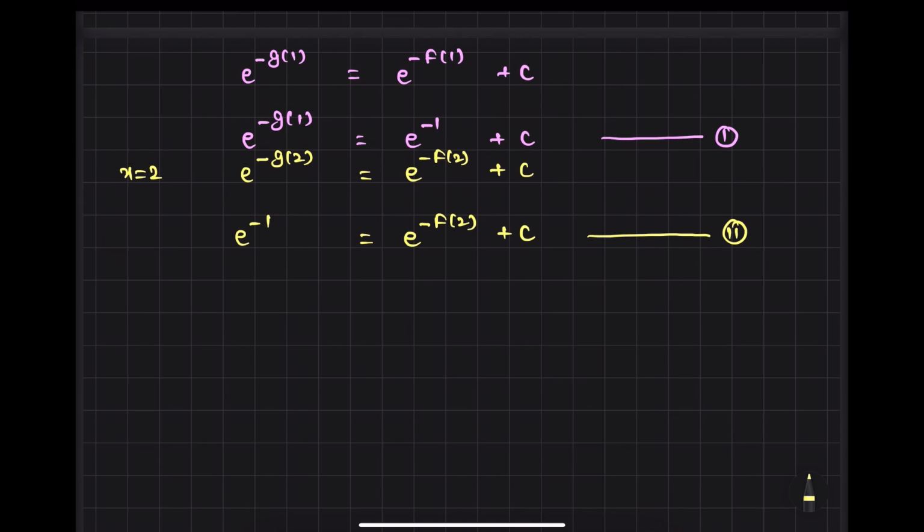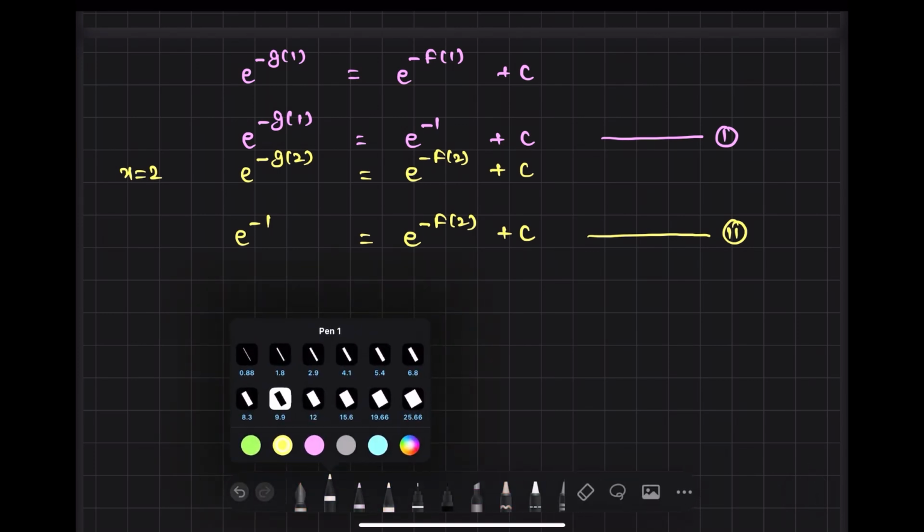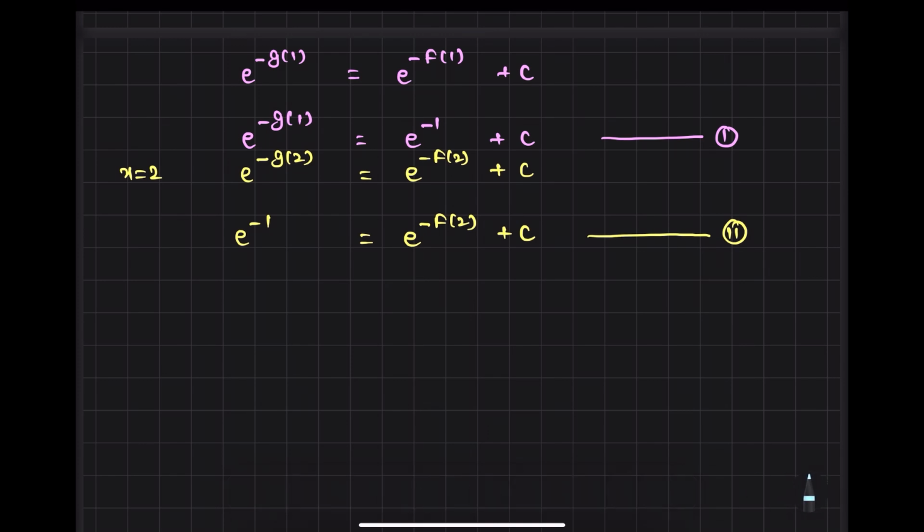So if I subtract, we will have this component as e power minus g1 minus e power minus 1 equals e power minus 1, and this c is gone, we will be left with minus of f of 2. Okay.